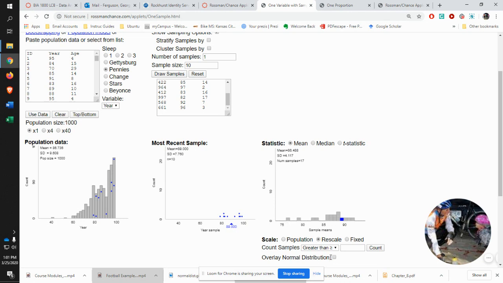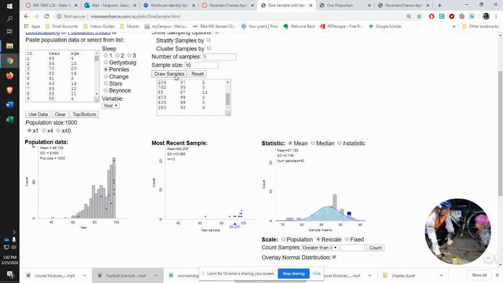If we overlay a normal distribution on that, we're starting to see where the normal distribution is. You can see that it's really pretty flat. Let's draw some more samples. You'll see the distribution is starting to go much more toward the mean, centralizing around the mean here.